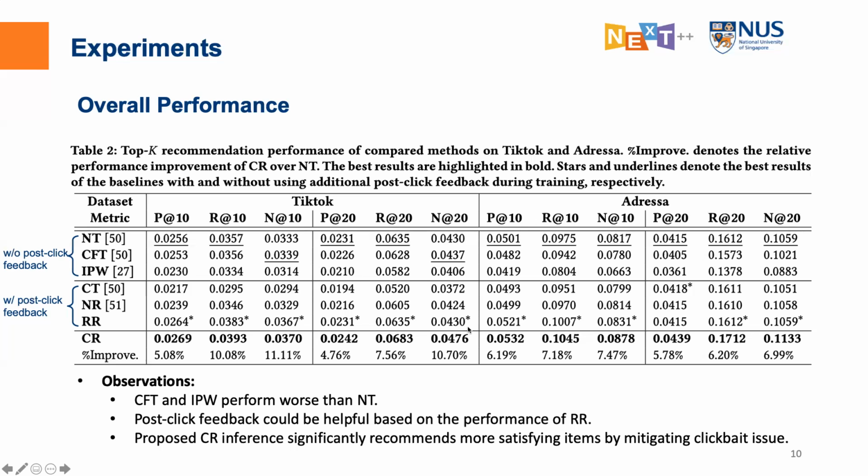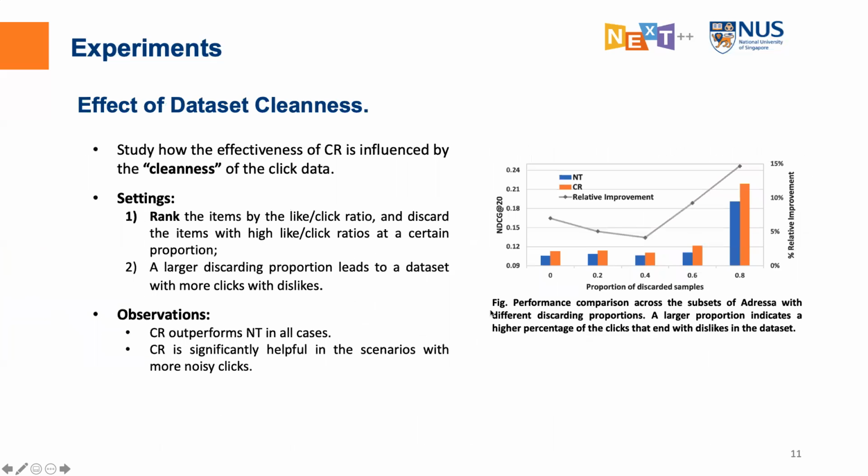This is a summary of the overall performance, and we also did some in-depth analysis, so maybe I will just introduce one of them. We considered experiments about dataset cleanness. It means that we can filter out the noise clicks, right?